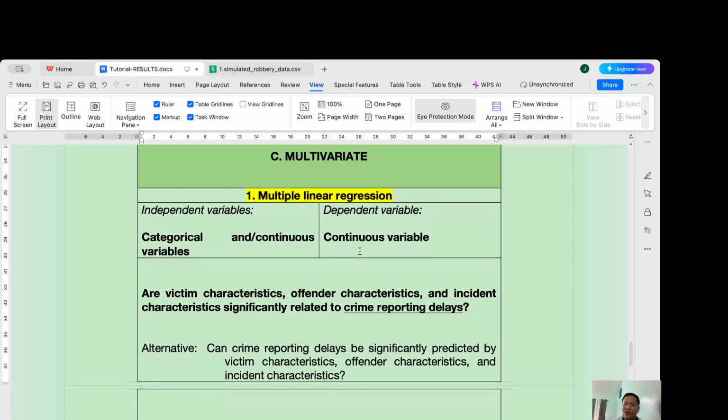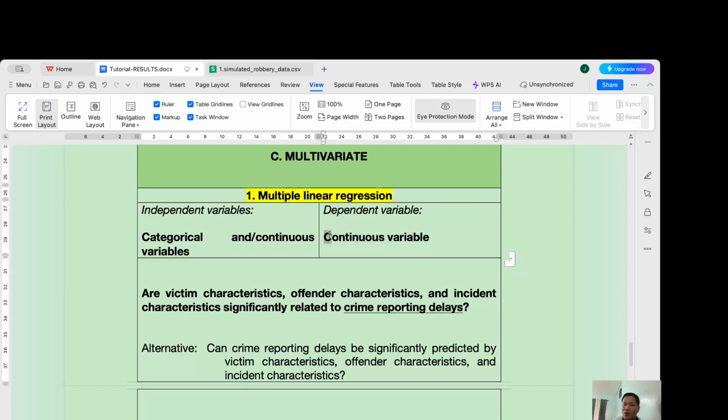Now let's go to multivariate analysis. Bivariate analysis involves two variables, but multivariate analysis, as I said earlier, involves several variables, more than two variables.